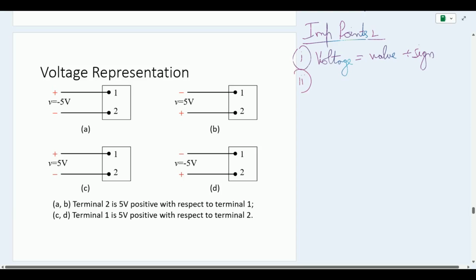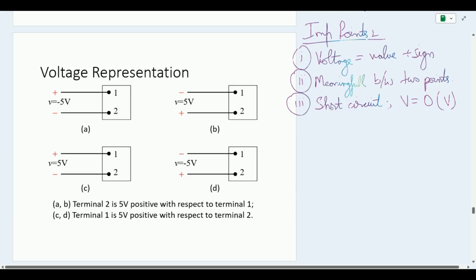Second point, voltage is only meaningful between 2 points. We'll understand this as well. And third point, if we have a short circuit, so previously we talked about open circuit in the current analysis, whenever we have a short circuit, voltage is going to be 0 volts.